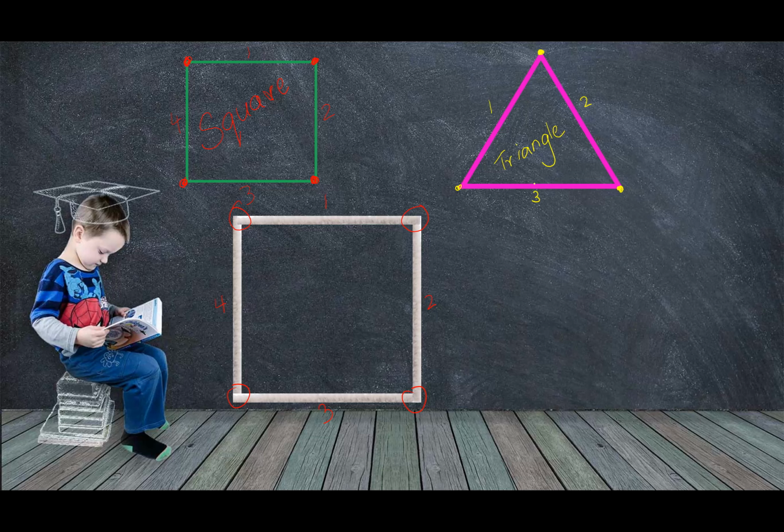Now I can use any of the materials. I can cut a paper or I can use a string. I can use my color pencil. I can use paper clips. Here I will go for a pipe cleaner. So 1, 2, and 3. You see? This is a triangle. I made a triangle with a pipe cleaner. You can also use clay to make shapes.